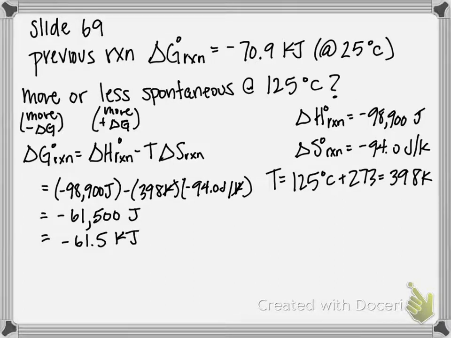So if we compare that to our original delta G, is it more positive or more negative? Negative 61.5 is more positive than negative 70.9.